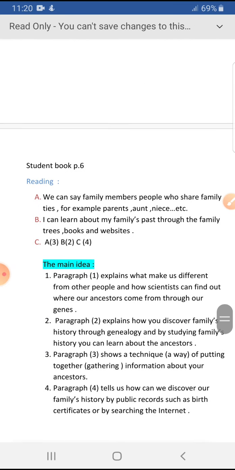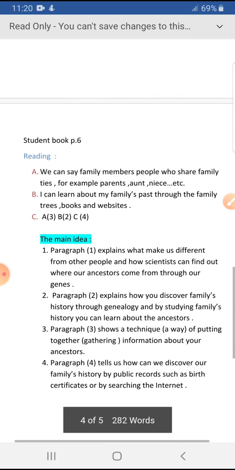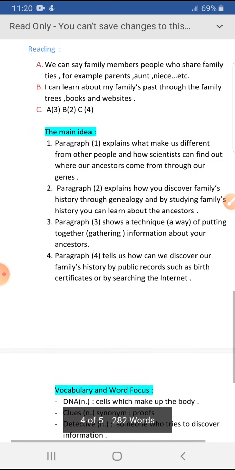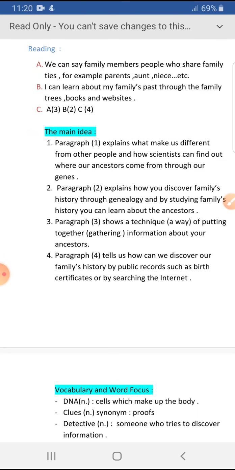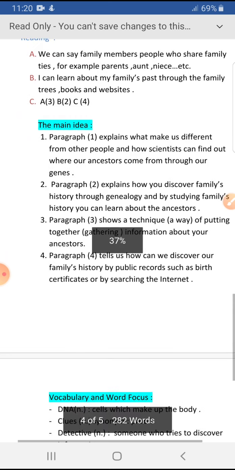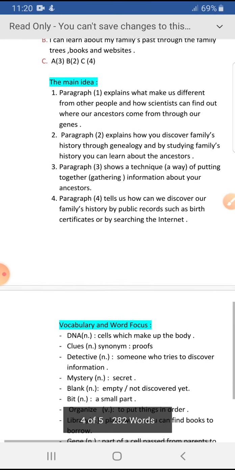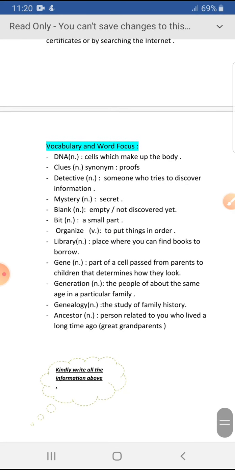This is reading the answer of the three questions A, B, and C. Also, this is the main idea for paragraph number 1, 2, 3, and 4. And this is the vocabulary and word focus. Please write all the information above in your notebooks.